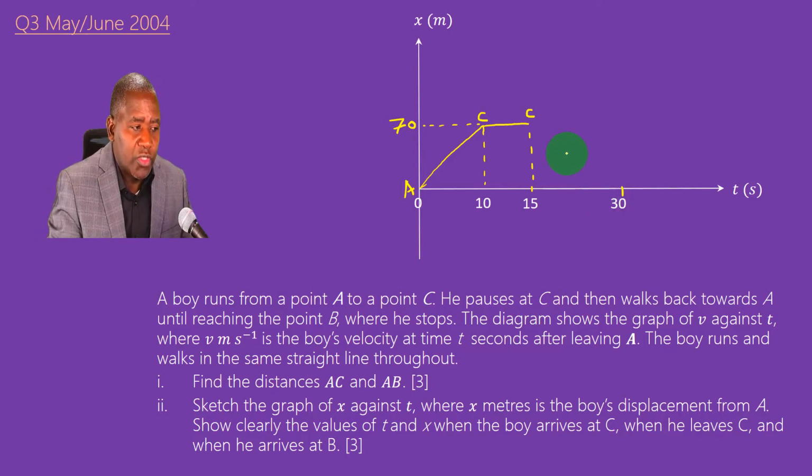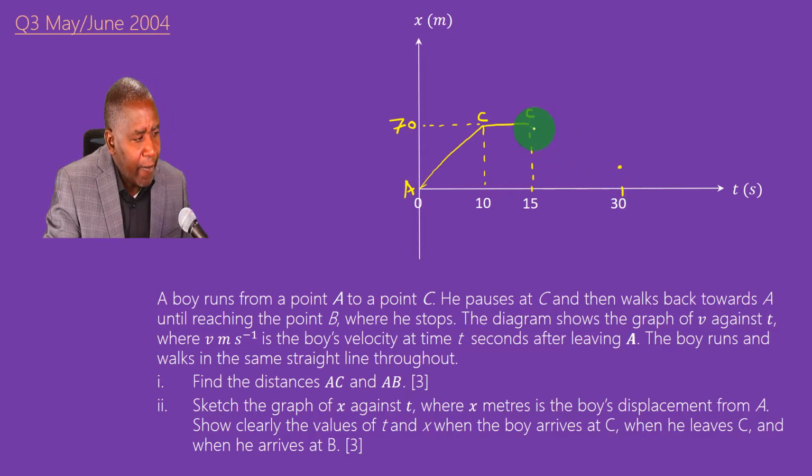So he walks, but the distance he walks is 60. So how do I get this? Because his displacement is just 10 meters. So he must be at some point here.